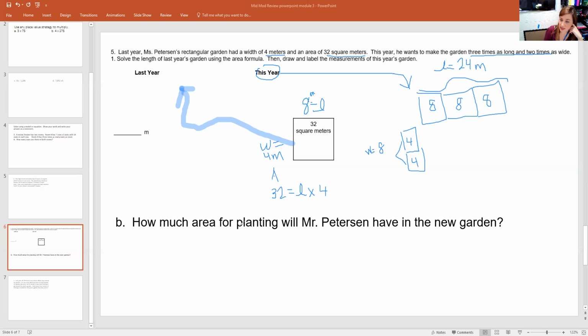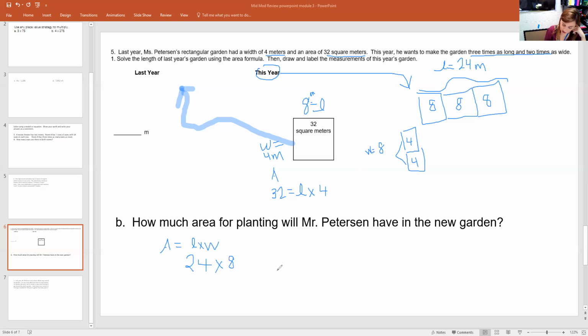The next part says, how much area for planting will Mr. Peterson have in the new garden? So this is this year's, and we're trying to figure out the area. And we know area equals length times width. Well, what did we say the length was for this year's garden? 24. And the width of this year's garden is 8.